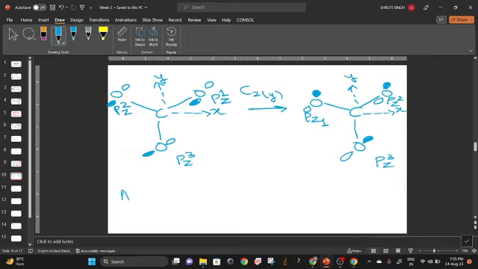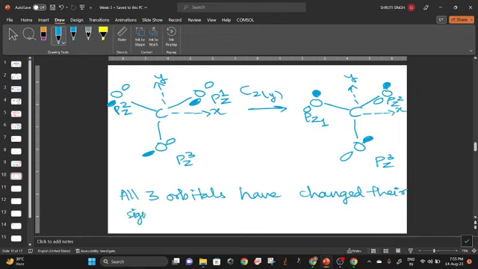So what will happen? All three orbitals have changed their sign, we can say, and pz1 and pz2 got exchanged.